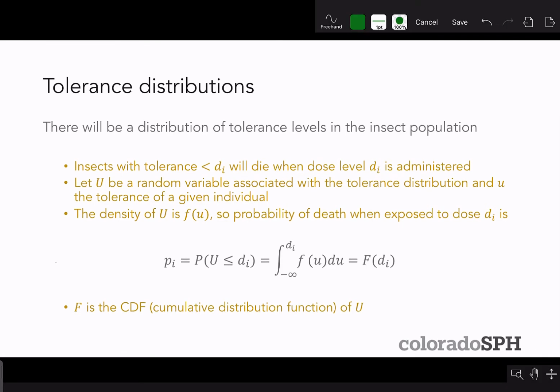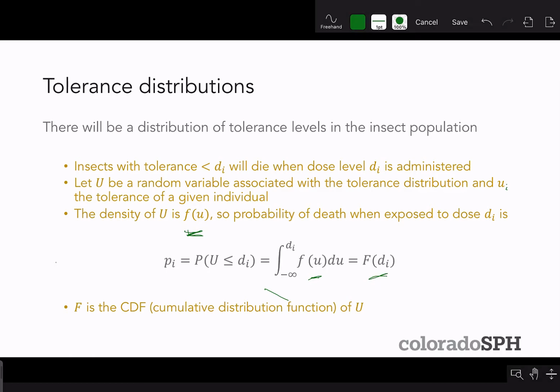Then the density of U is, well, that should be u_i for a given individual. Then the density of U is f(u), which is kind of funny. So the probability of death when exposed to dose D_i is just the integral of that PDF, little f(u), integrating from negative infinity to D_i.